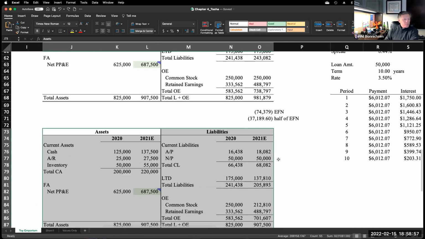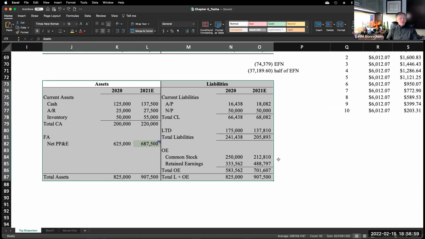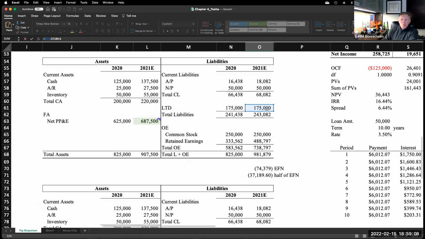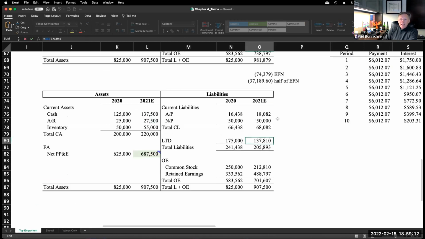And then you can reference back to above it without the circular reference causing a problem. So in this case, I'm essentially taking what happened up here in long-term debt, and I'm backing out the half of the EFN. Does that make sense?